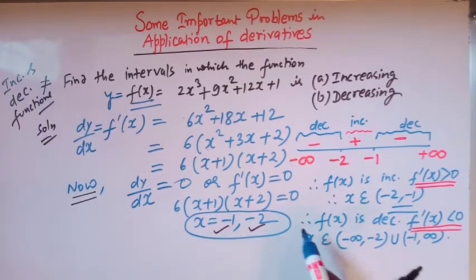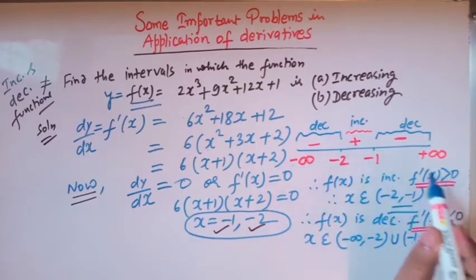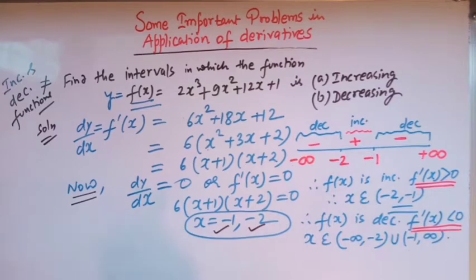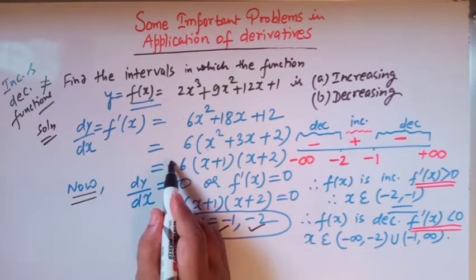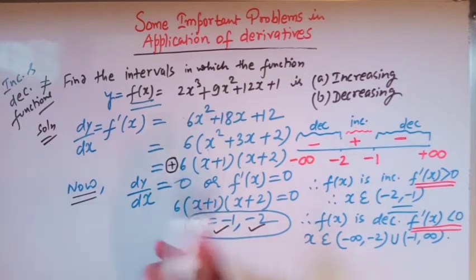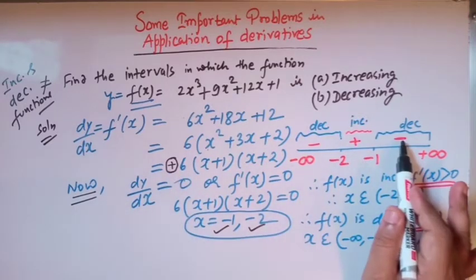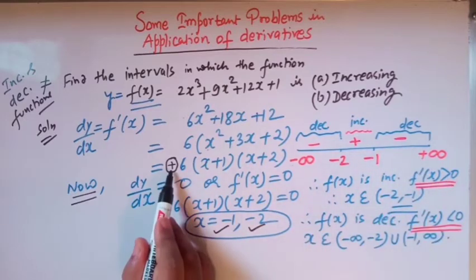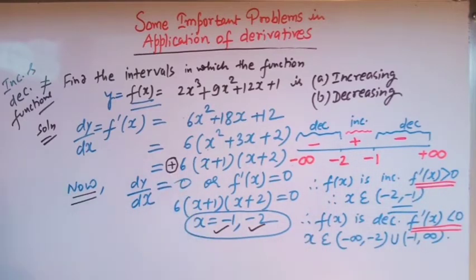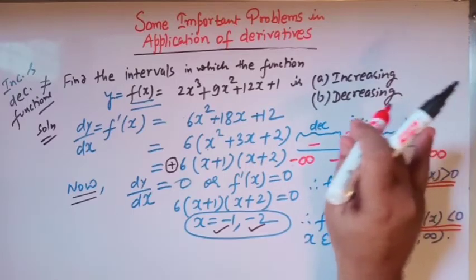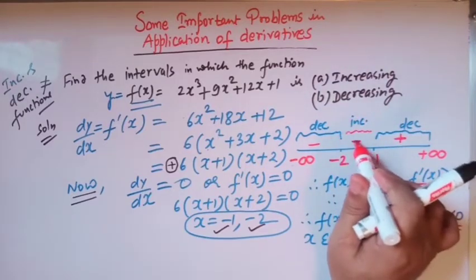Now see, we have shown these 2 points on this real number line. Now since we have here the positive sign, see, in the previous example we had negative sign here, so we started from the negative sign. Now here we have the positive sign, so we will start from the positive sign. So here we have the positive sign, then here we have the negative sign, right?